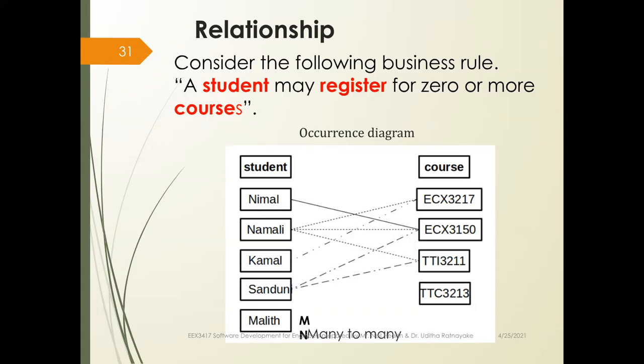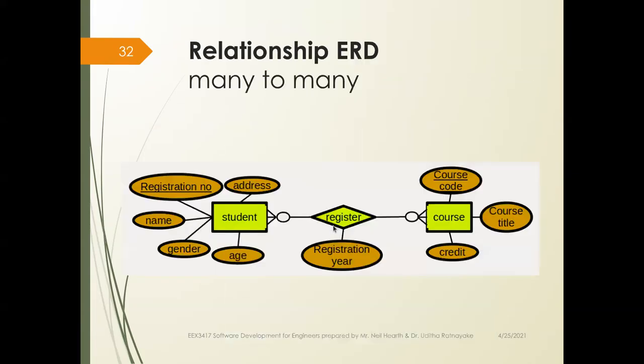But in relational databases, we cannot implement this many to many relationship. So we have to use this many to many to become one to many.